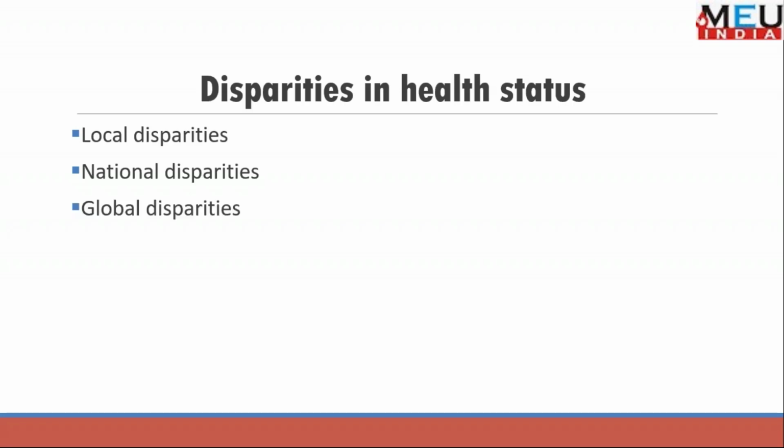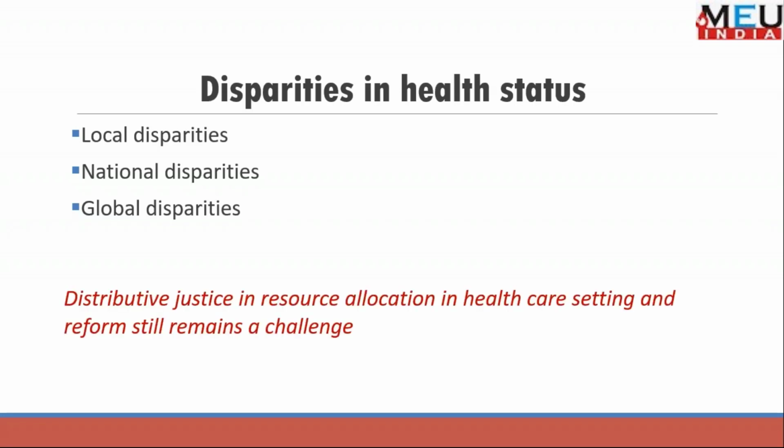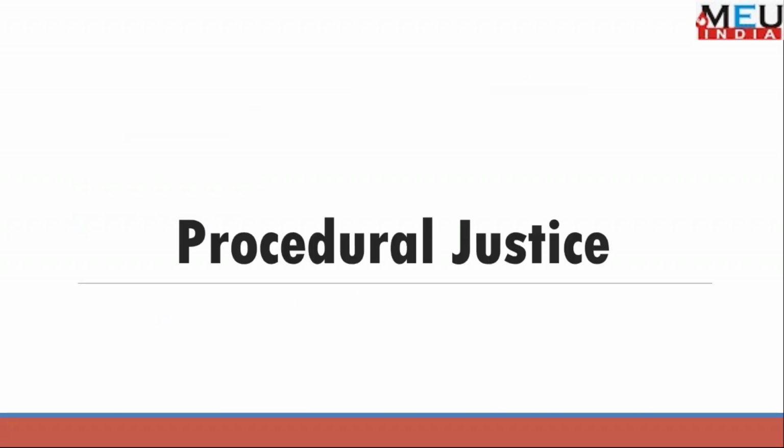And of course, there are global disparities. That is why it becomes very difficult when we talk about resource allocation, equality and equity in resource allocation. Distributive justice in resource allocation in the healthcare setting and reform still remains a challenge, especially in a country such as ours, India.